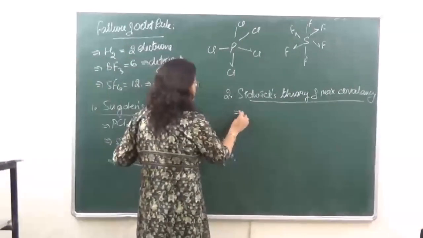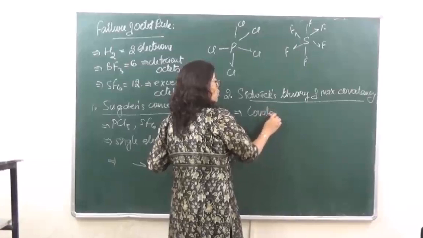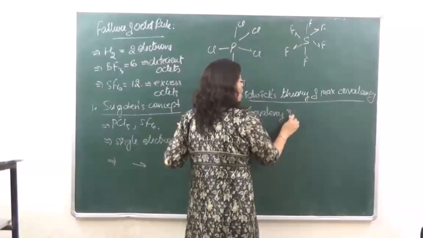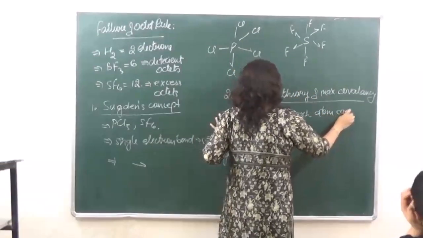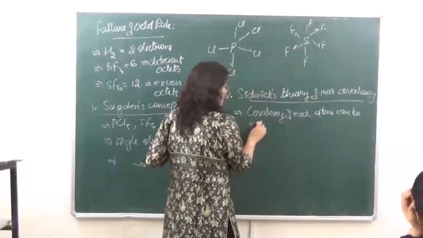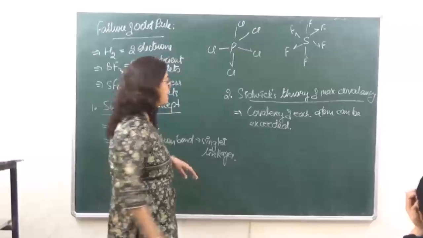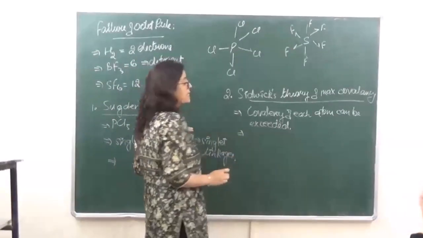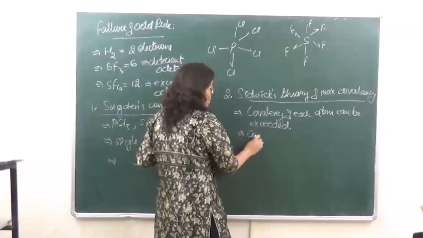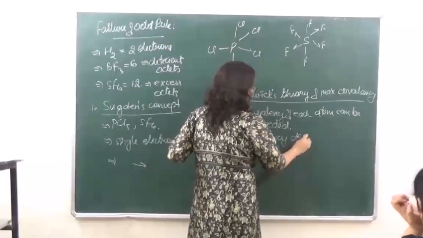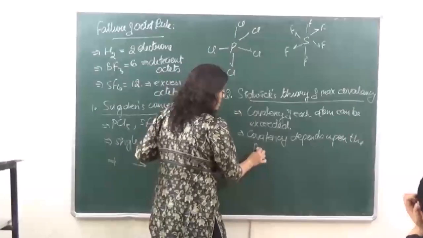We are saying over here, the first point according to this theory is that the covalency of each atom can be exceeded. Okay. Then number 2, according to Sidgwick's theory, the covalency depends upon the period.